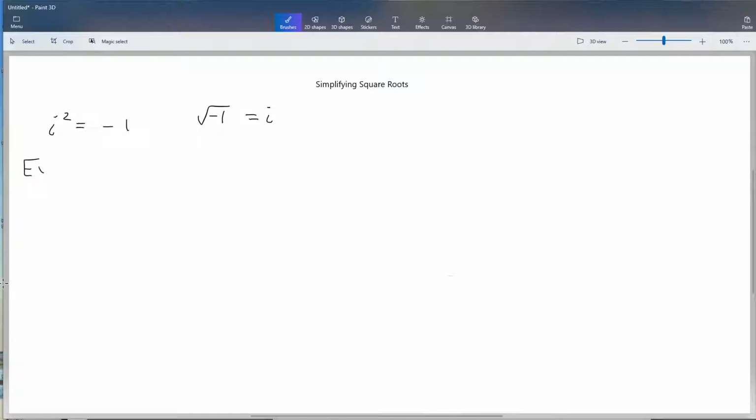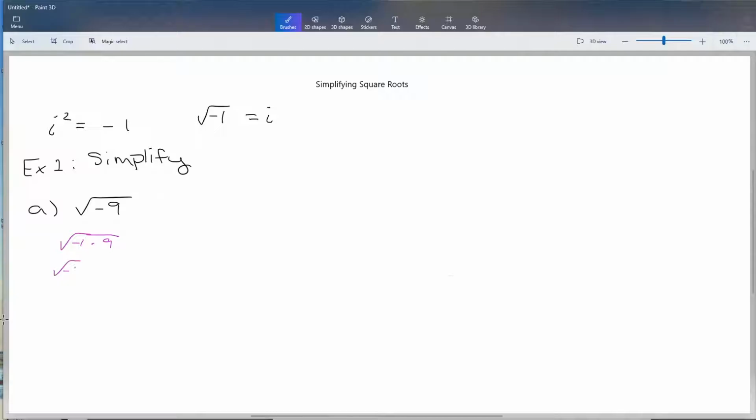So let's look at an example. We're going to use the same technique that we used in the previous video, so we're going to split this up into the square root of -1 times 9.